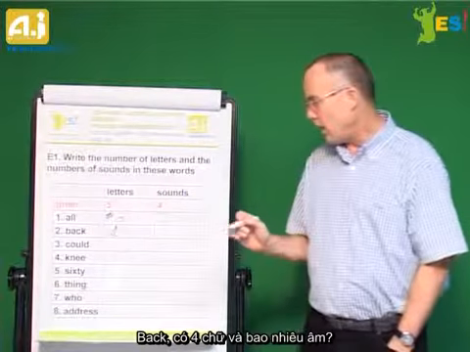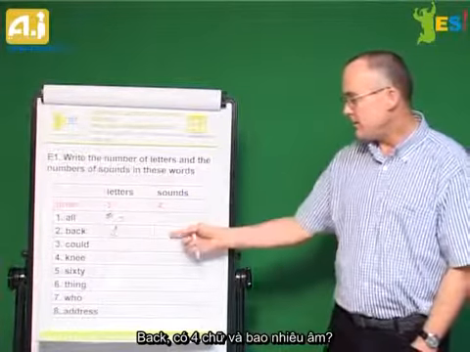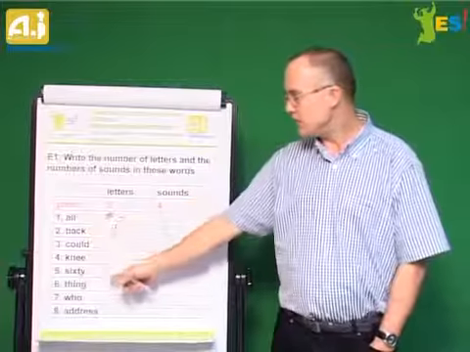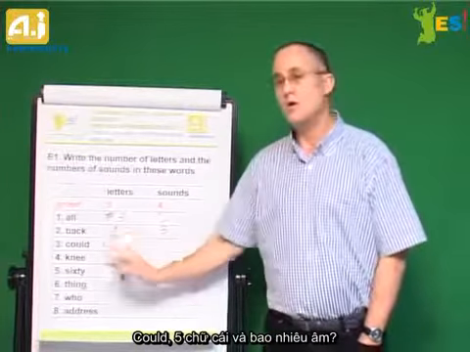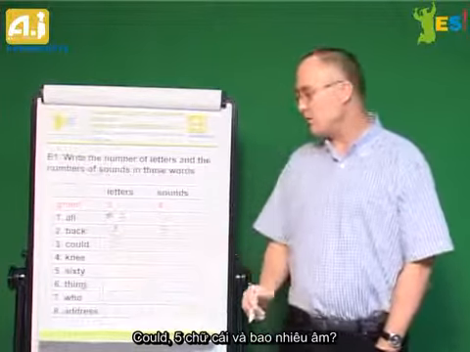There are 4 letters in back. How many sounds are there in back? 3. That's right. B, A, K. 3 sounds. Could. Well, of course, there are 5 letters. How many sounds are there in could? K, d.